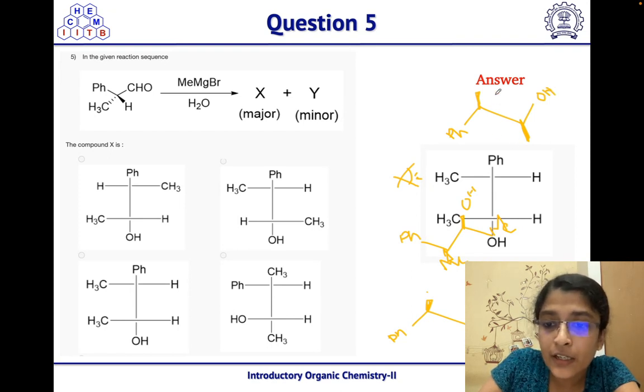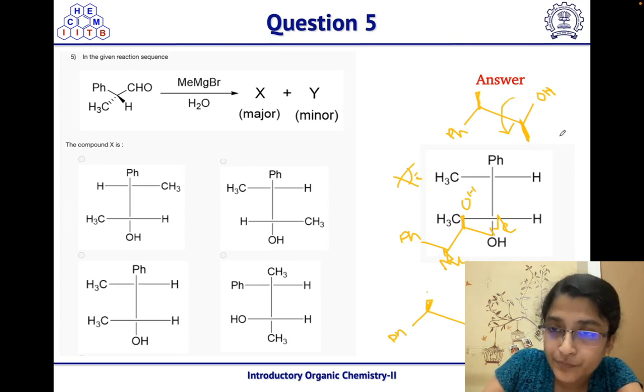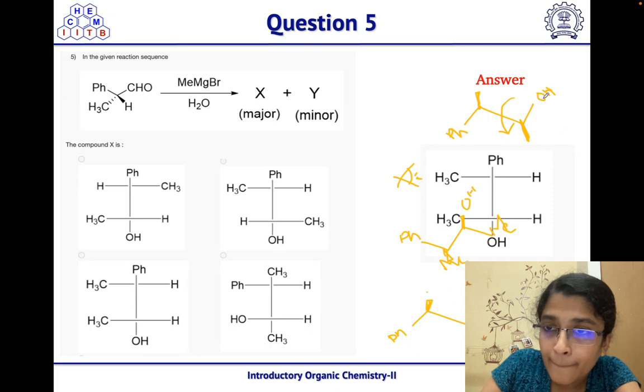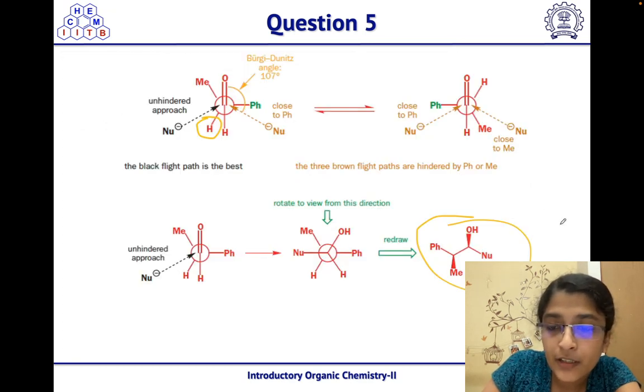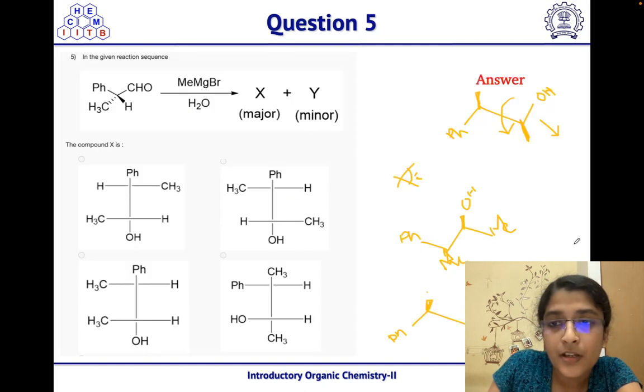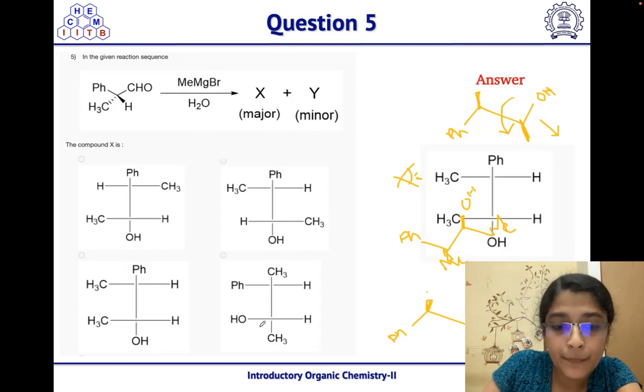And if we redraw it, if we rotate it, it can be written in this format, which is what we have got as our product.